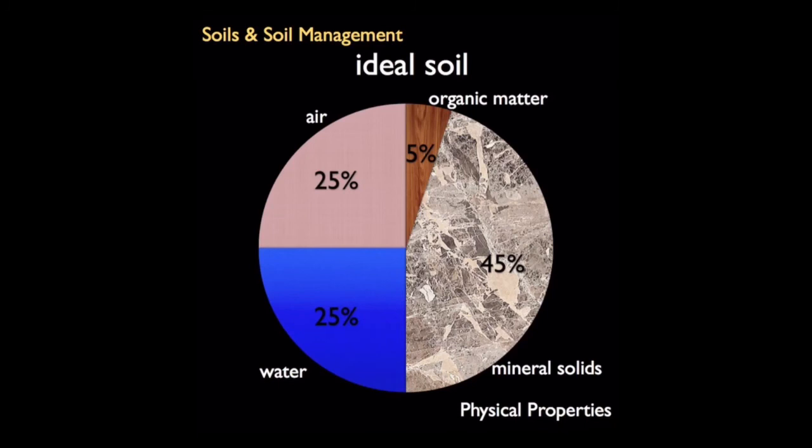An ideal mineral soil is one that is about 50% solid materials with about 45% particles and 5% organic matter, and 50% airspace, split equally between water held in pore spaces and air in macropore spaces. One half of the airspace should be macropores and one half should be micropores, in other words.